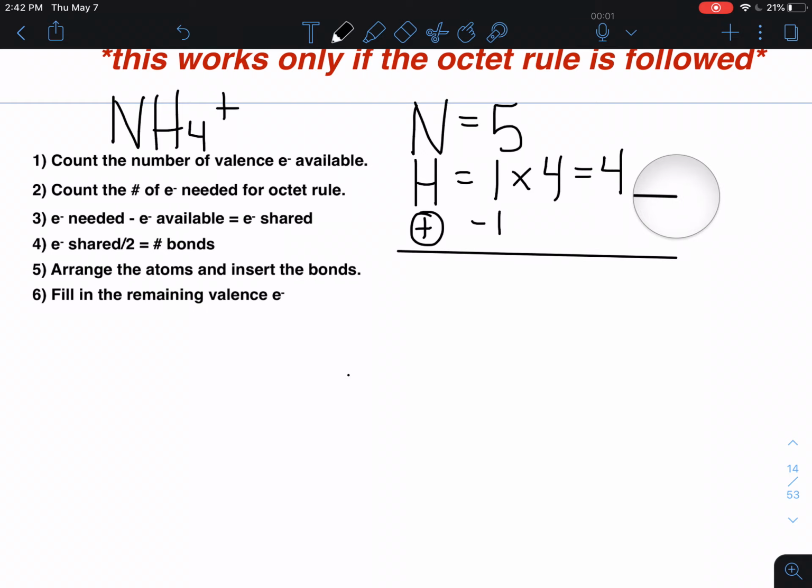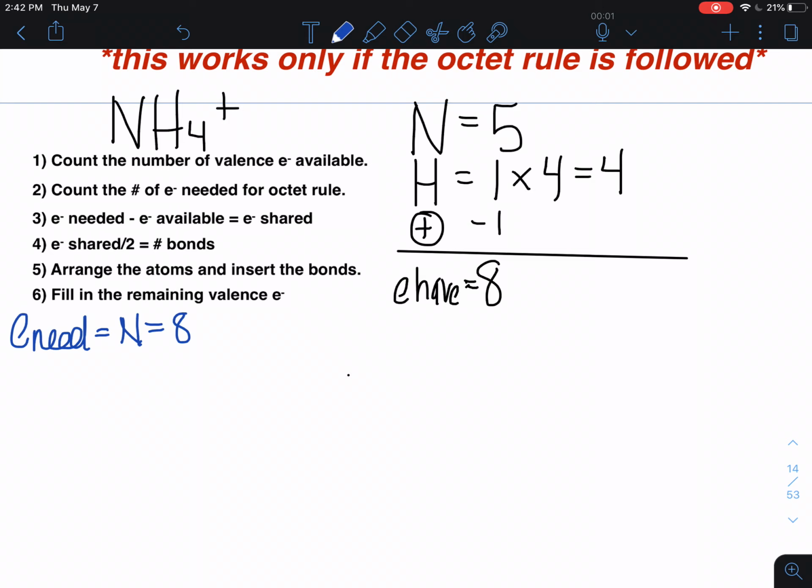So that's going to give us 8 for E have. E need: N for nitrogen, 8, hydrogen, 2. There are 4 of them, so that's 8. So we have a total of 16.